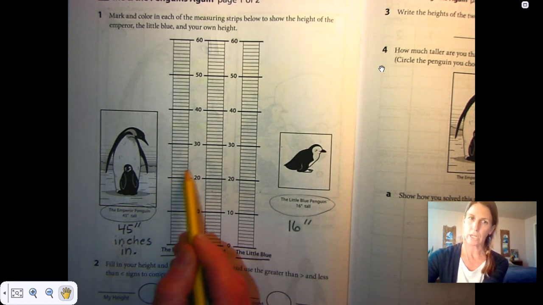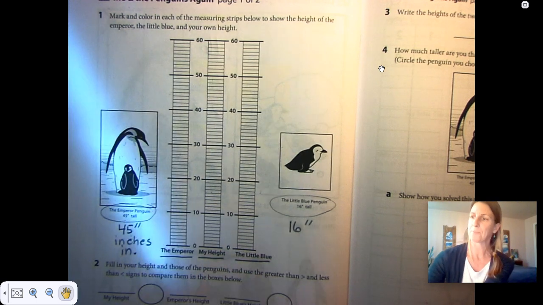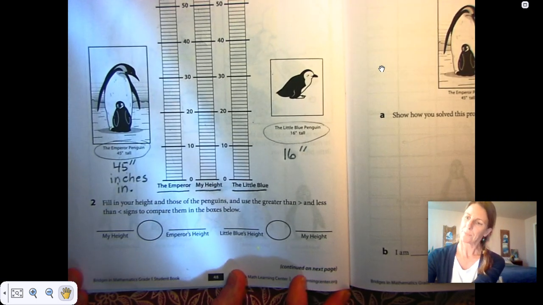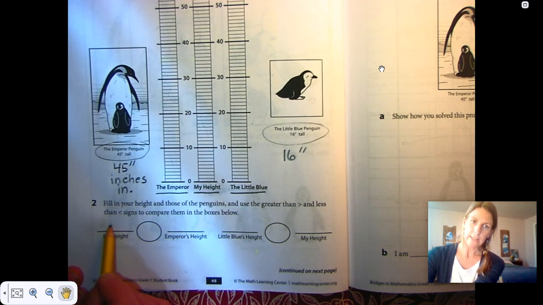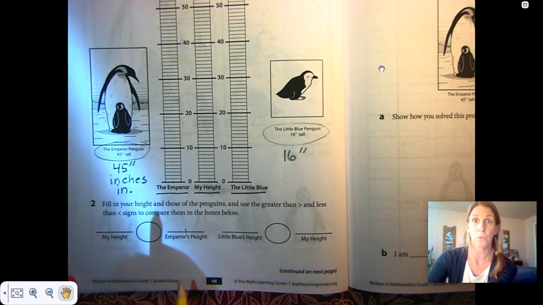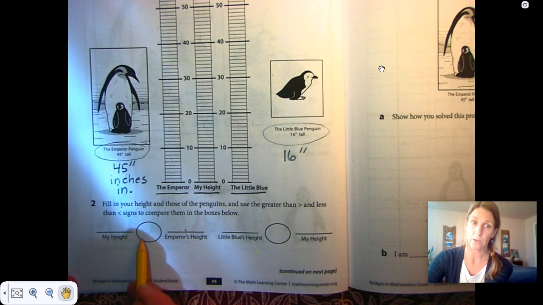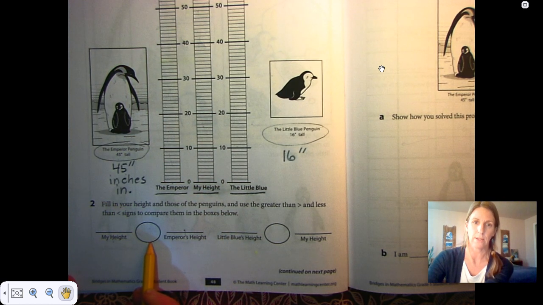Remember, you'll mark it with your pencil and then color it in. You can use crayons if you'd like. Then down here, write your height and the emperor penguin's height, and then decide which one is greater. Is your height greater than or less than the emperor penguin's height?